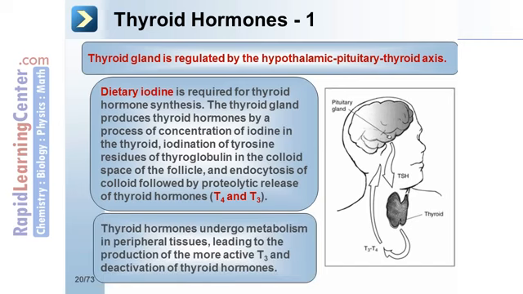Thyroid hormones undergo metabolism in peripheral tissues, leading to the production of the more active T3 and deactivation of thyroid hormones.